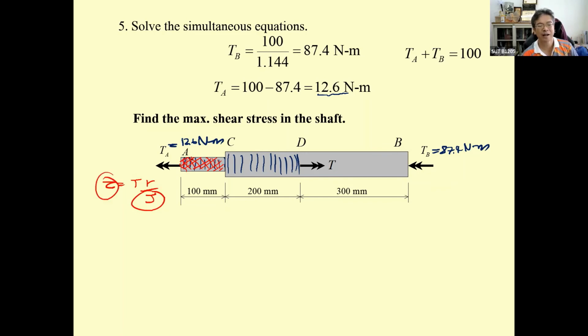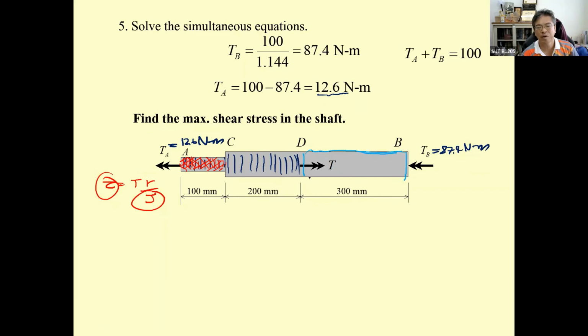That's why the T sub A will govern the shear stress for the CD. And the other portion, since the T sub B is large compared to T sub A, we may compute the shear stress that occurs on this DB portion.